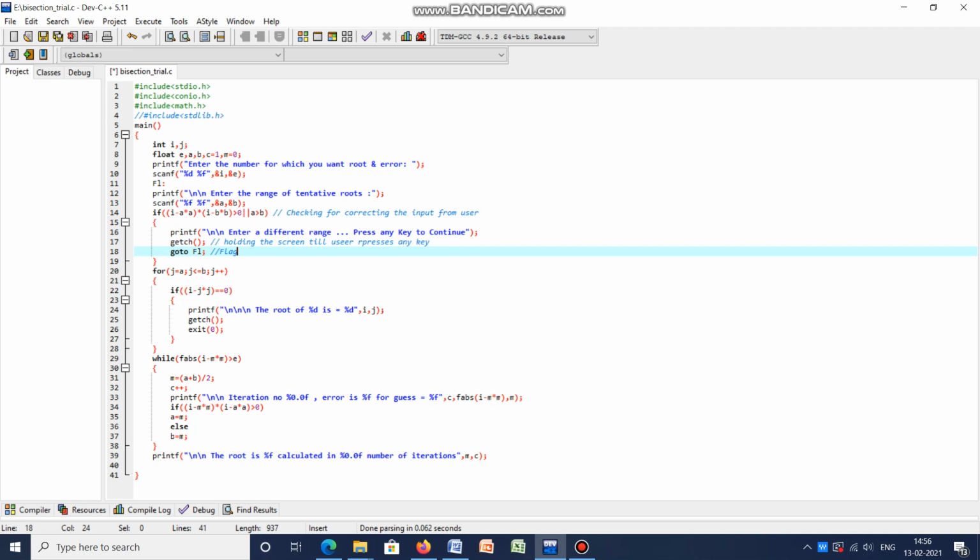Meaning if the user gives a larger range also, irrespective of that, I have to check what is happening in that domain, because as per the user and after my checking, it is confirmed that my root is lying between A and B. So if A to B, if user has given exactly root का value दे दिया, ये loop है, this loop is checking exact root value.